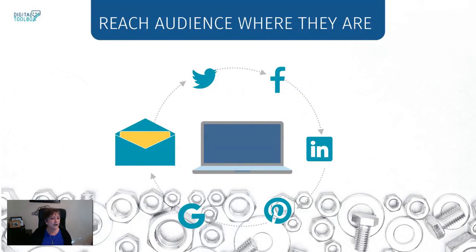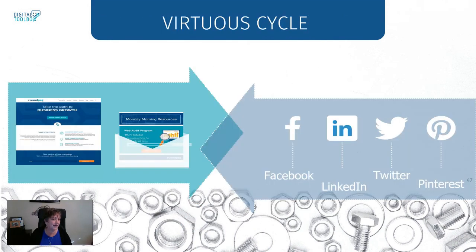You want to reach your audience where they are on social media, in email, and you want to cross-link between all those places and bring them back to your blog. It creates this virtuous cycle where people find you on the web and they sign up for your newsletter, and then they find you on social or coming back the other way.